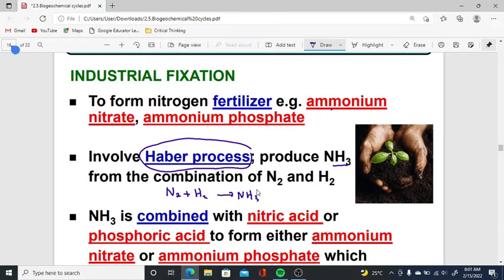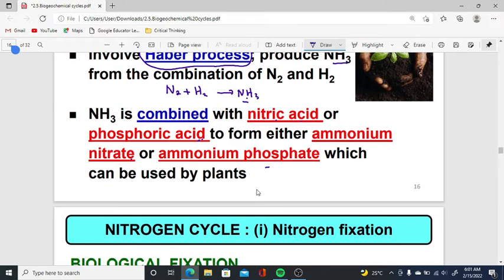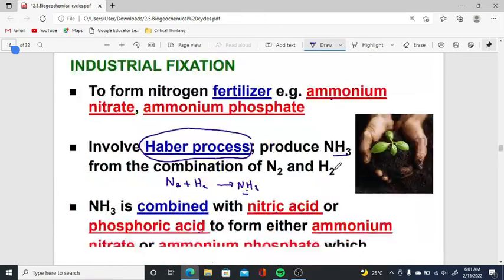Okay, and then ammonia ni nanti either combine with nitric acid or phosphoric acid. Kalau ammonia combine dengan nitric acid, dia akan membentuk ammonium nitrate. Tapi kalau ammonia combine dengan phosphoric acid, dia akan membentuk ammonium phosphate. So dapatlah fertilizer, right? Jadi baja kepada soil.